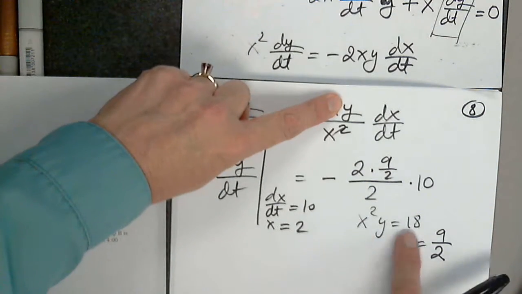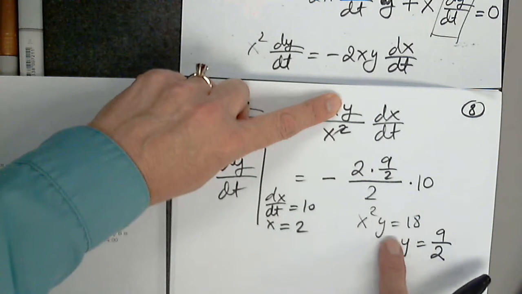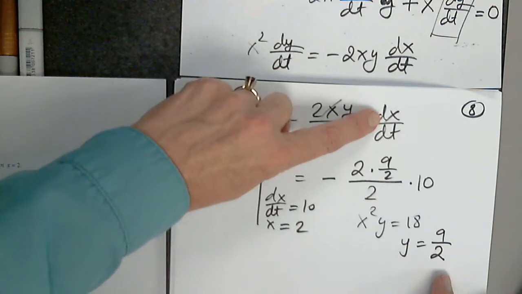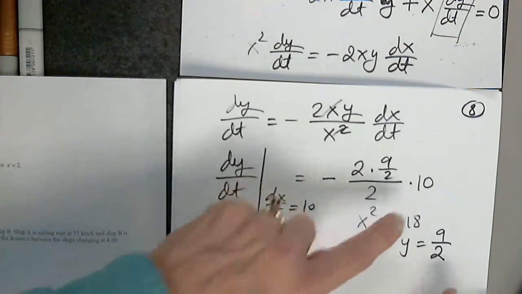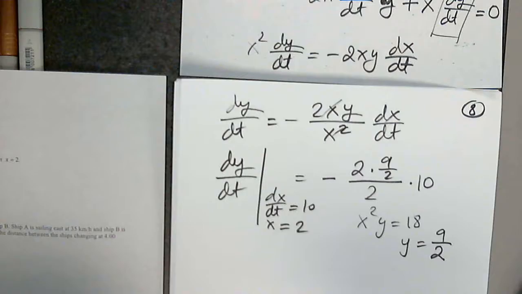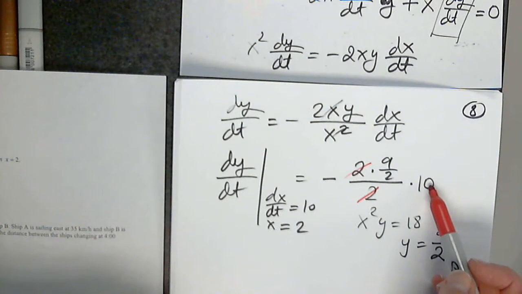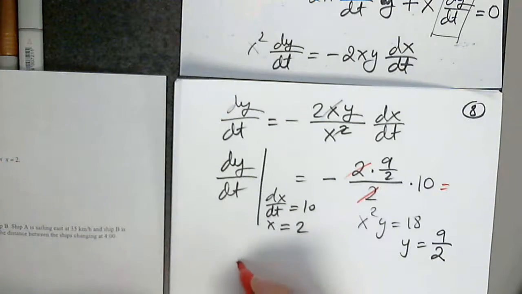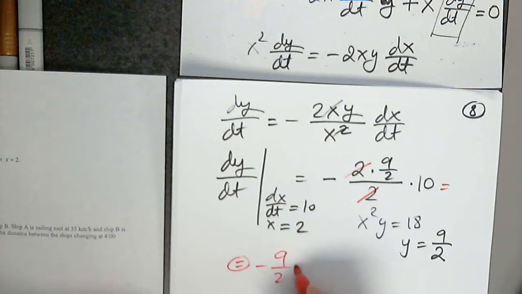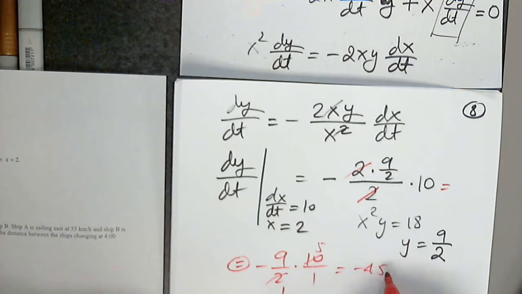I copied y from here; I had to calculate it, it was not given to us. So I have 9 over 2. And dx over dt is given to us as 10. I simplify and I get a number. So negative 9 over 2 times 10 over 1. I simplify and I get negative 45.